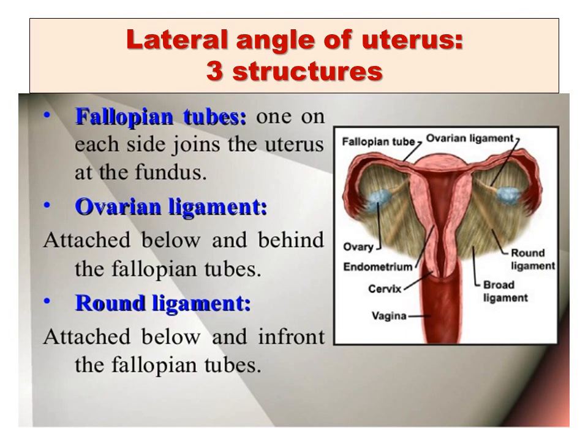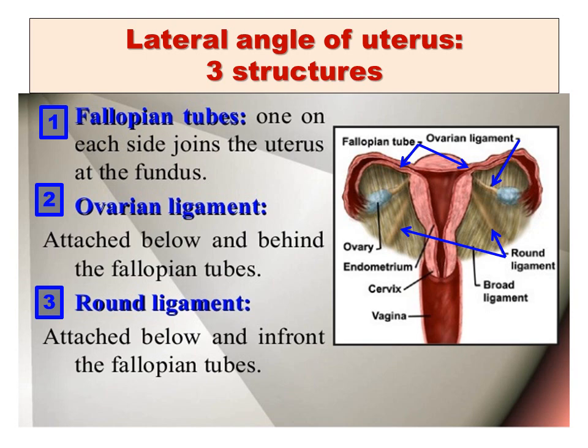Coming to the lateral angle of the uterus, which is related to three important structures. One, the fallopian tube on each side joins the uterus at the level of the fundus. Next, we have the ovarian ligament attached below and behind the fallopian tube. Third, the round ligament attached below and in front of the fallopian tube.